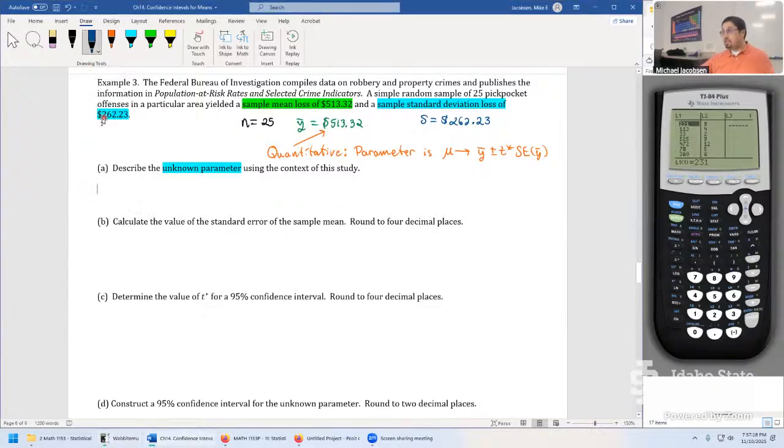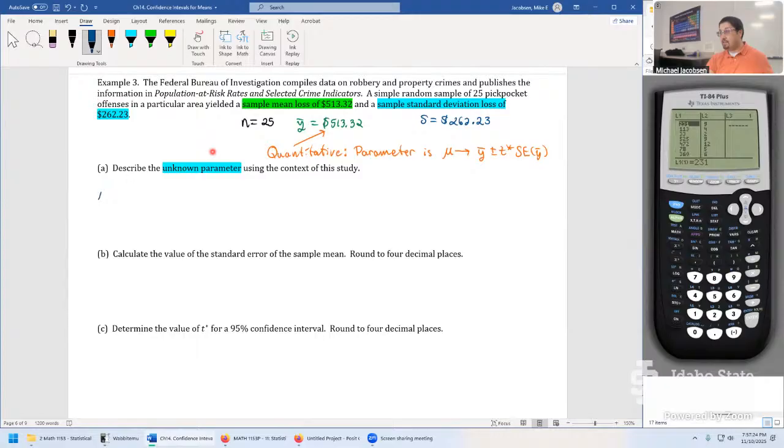Okay. Well, it says the unknown parameter, but once we spot quantitative data, we'll write it out like this. This one's tricky too, just like it was in chapter 13. So let's write out kind of a schematic, just like we did in chapter 13, that you could use in virtually any kind of situation. The format or the schematic, the fill in the blank for mu as a parameter would look like this.